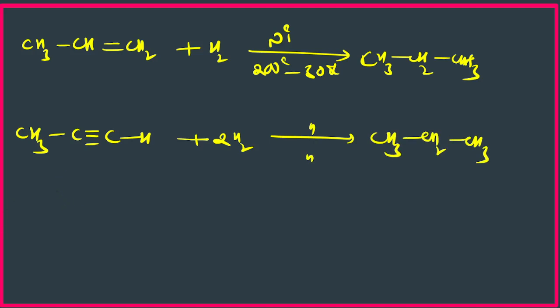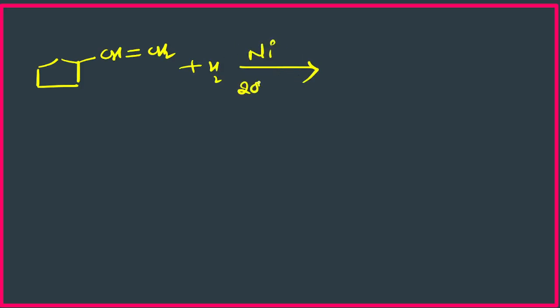Have a look at the next example: CH double bond CH2 hydrogenation at nickel, 200 to 300 degrees Celsius. It gives CH2 CH3.